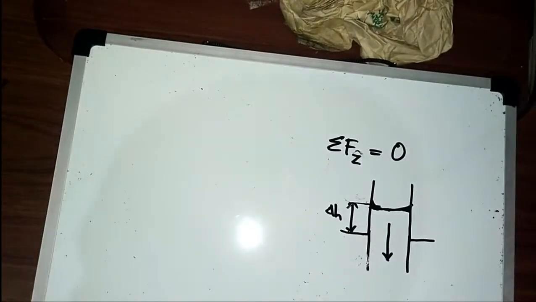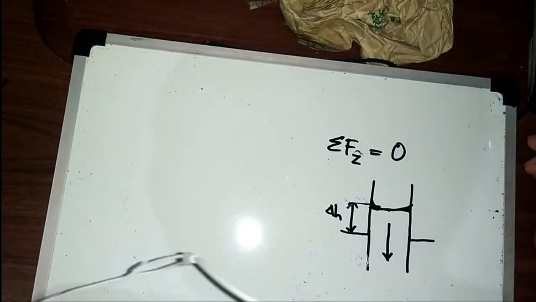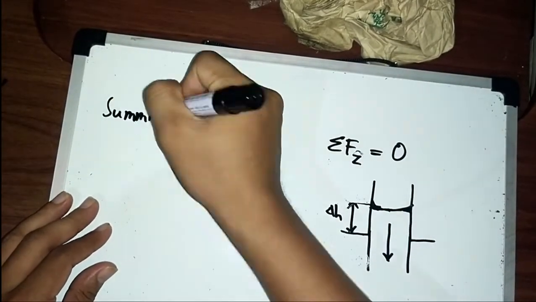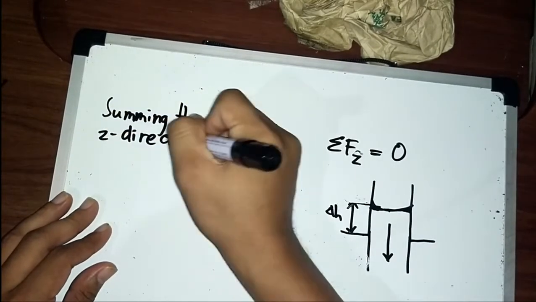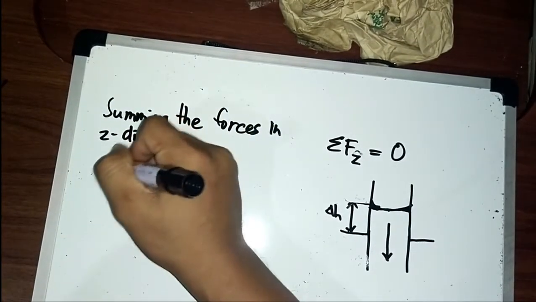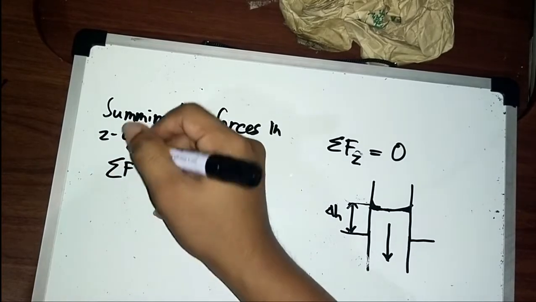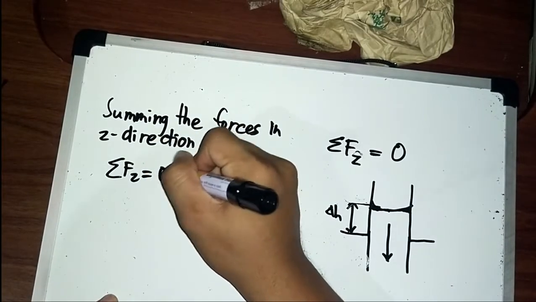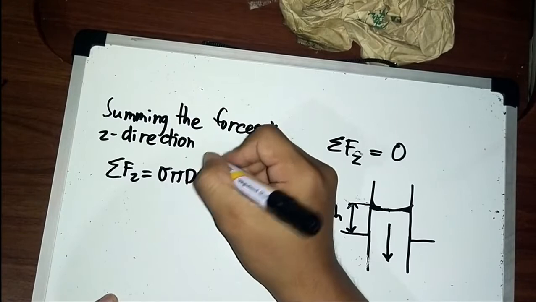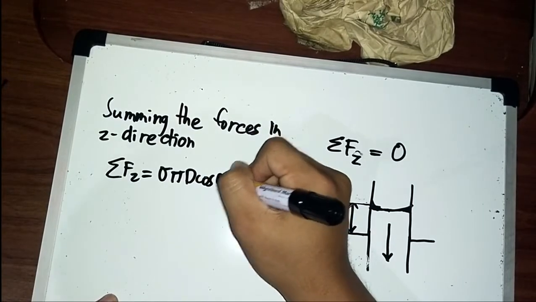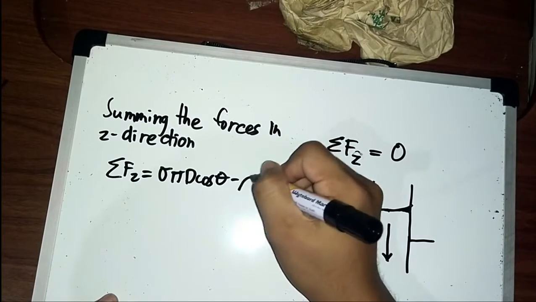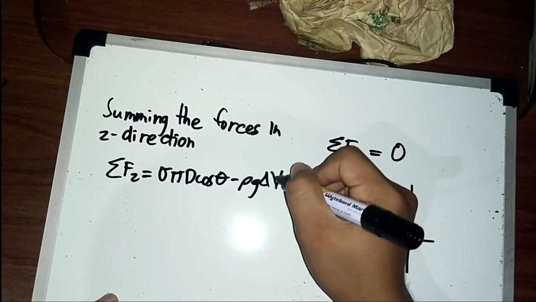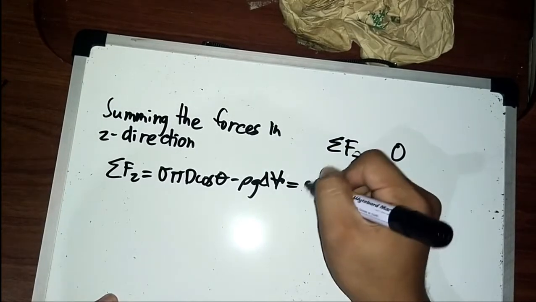Okay, so summing forces in the Z direction, or in the vertical direction, we have the summation of vertical forces equal to sigma pi d cosine theta minus rho g times the change in volume, which is equal to 0.